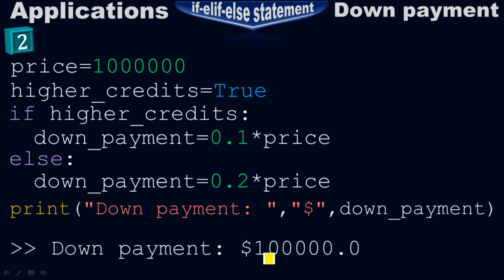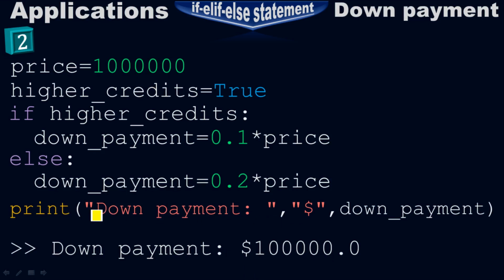This $100,000 will be the down payment with the 10% if the buyer has good credits, with the colon and then with the space because we put space here before the last double quotes and then comma and then the dollar sign. This dollar sign is this one inside the double quotes and then comma, down payment. Down payment is this. 0.1 times $1 million will be $100,000.